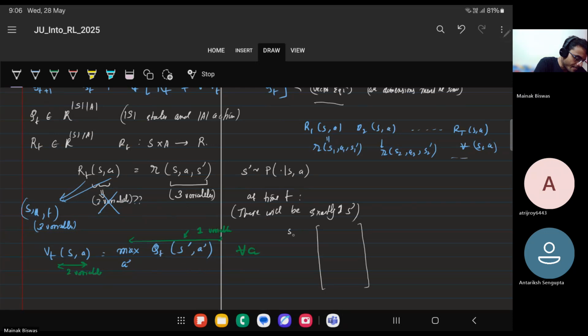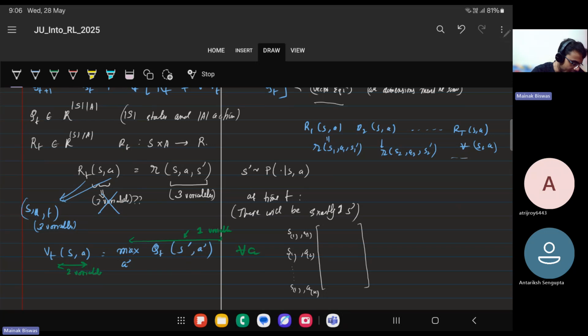I'll put a sub-index here for the time being, S1, A1, like this, S2, A2, dot dot dot, or rather S1 and S1, AK.